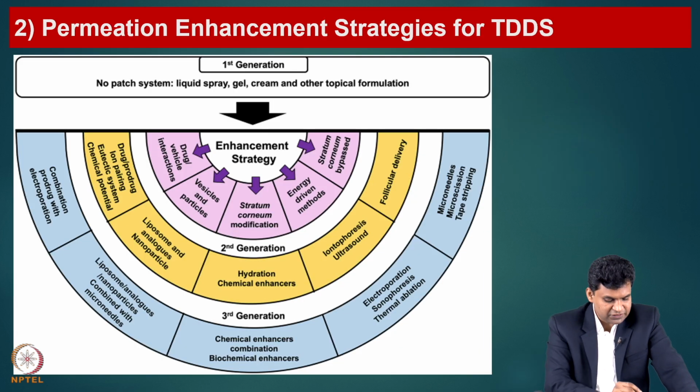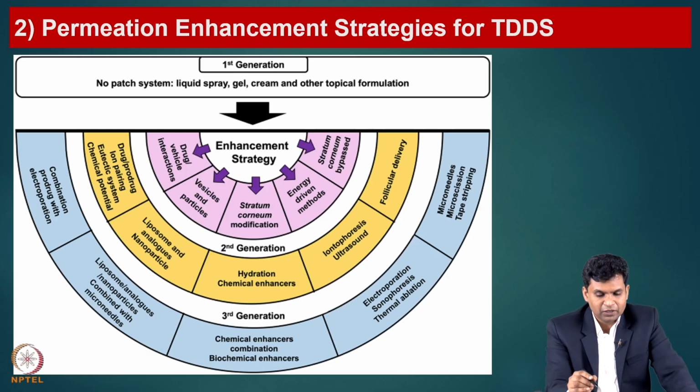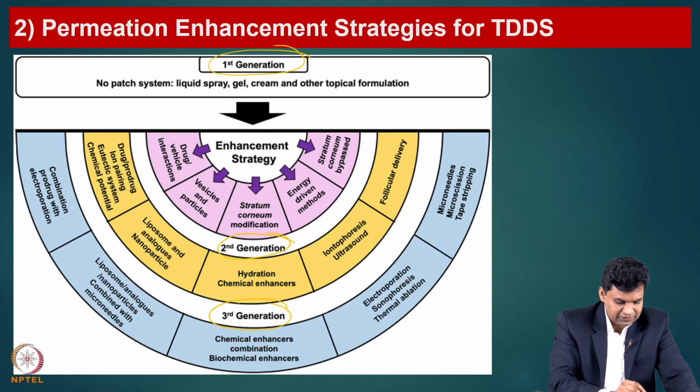Now, we are moving to the second topic. That is permeation enhancement strategies. Again you will see a lot of references for this topic, but based on some existing literature and the highly impacted paper which we have selected for reading. Now, this can be classified into the first generation, the second generation and the third generation.